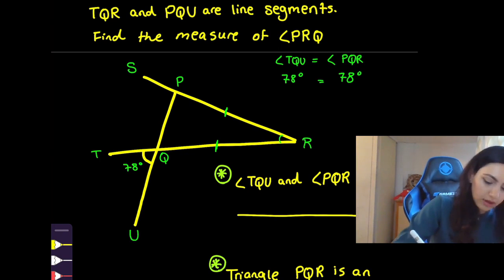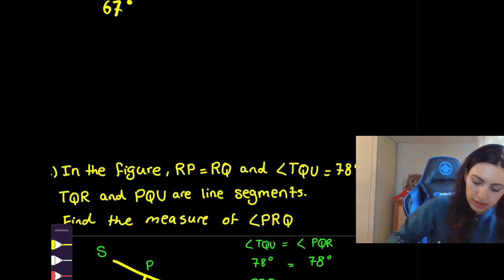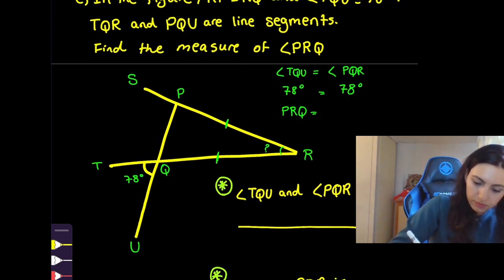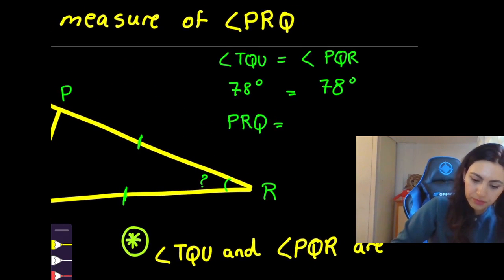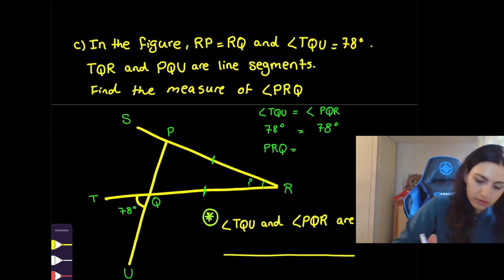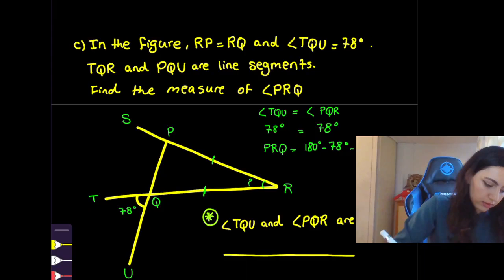And then in order to find PRQ, which is this angle here, we say PRQ is 180 degrees minus 78 minus 78, equal to 24 degrees. So this is 24 degrees.